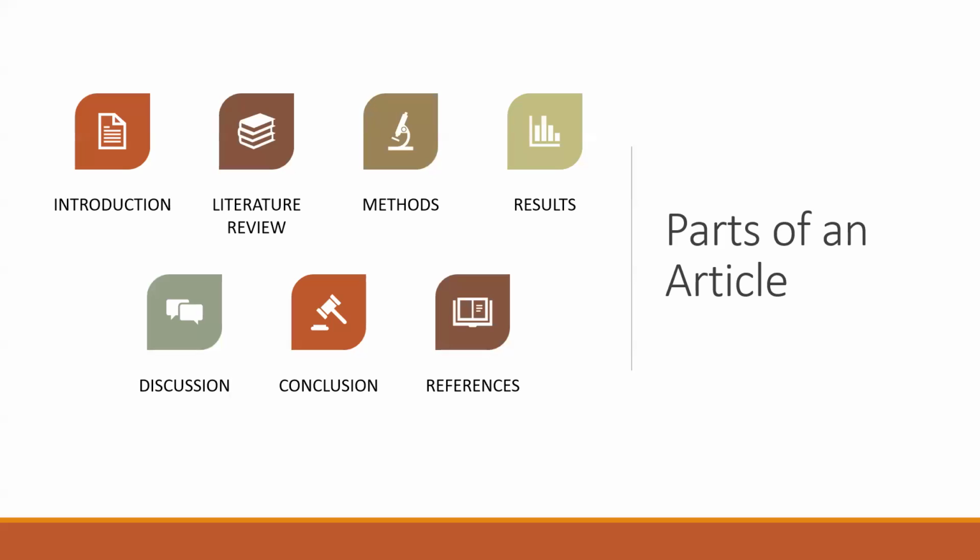So the first thing that we kind of want to go over when looking at Rayyan is the parts of an article. Because Rayyan is a great tool to be able to use for your systematic reviews. But looking at an article, you've got these different places. So you've got the introduction, the literature review, methods, results, discussion, conclusion, and references. And Rayyan is really good with helping you with the literature review as well as the methods.